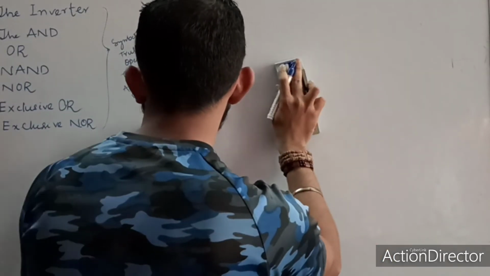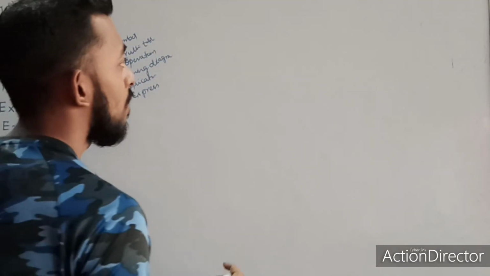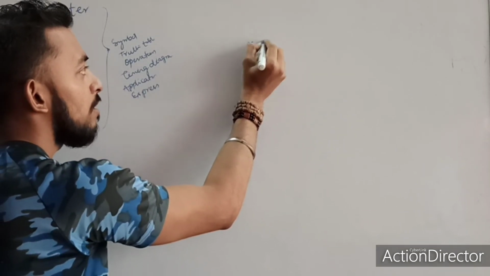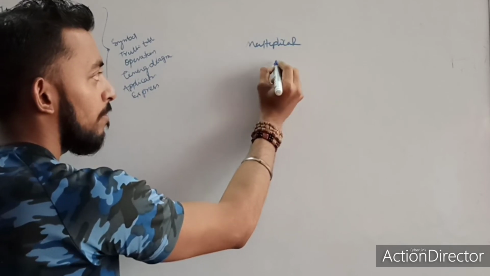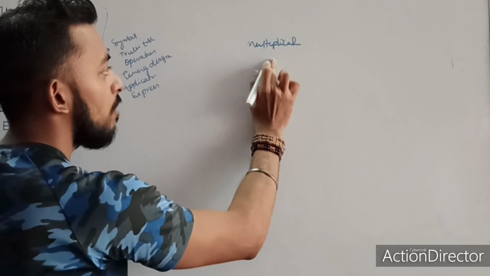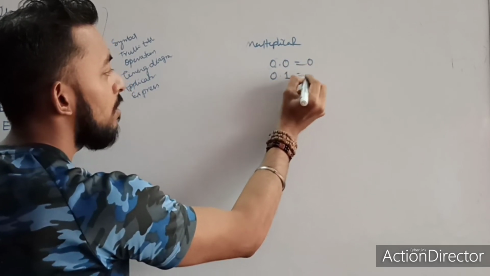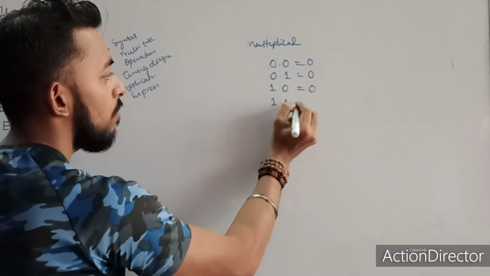Now we'll see how to express this AND gate in our Boolean expression. Okay. You see, this AND gate performs the multiplication. How? For binary numbers, if you remember, 0.0 means 0, 0.1 means 0, 1.0 means 0, 1.1 means 1.